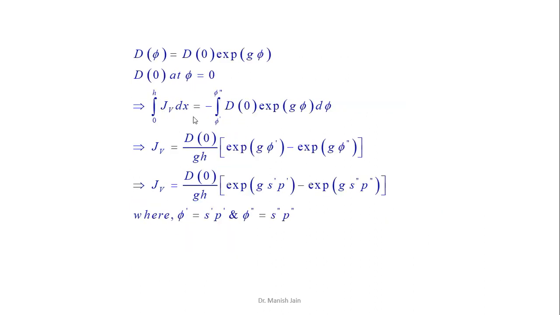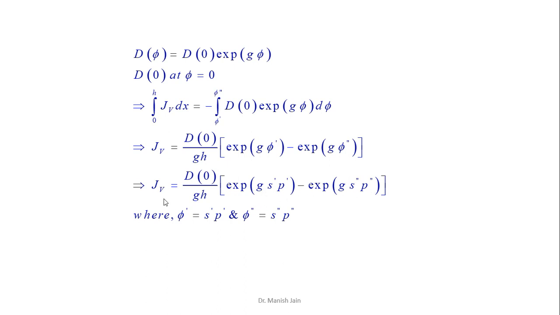Now we can integrate that equation. After integration you will get JV equal to D naught divided by GH, in bracket, exponential of G phi dash minus exponential of G phi double dash, where H is the thickness of the membrane. Now you can substitute the value of phi as a function of partial pressure by using Henry's law in this equation.